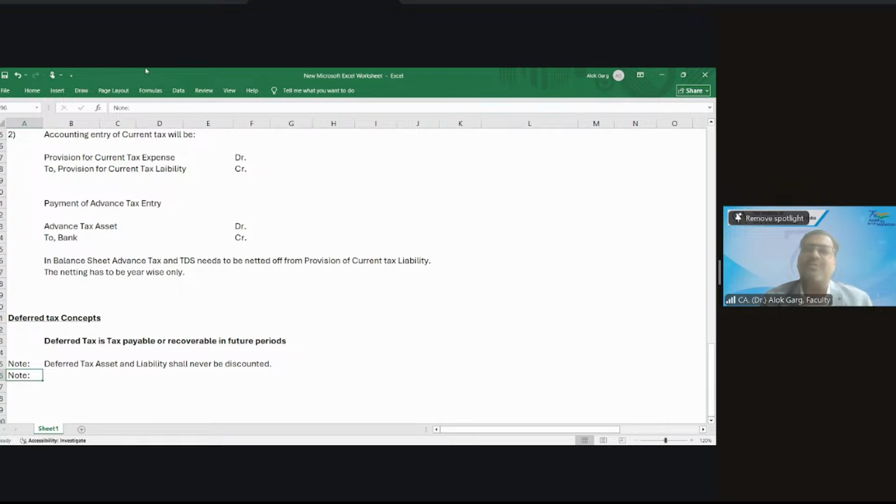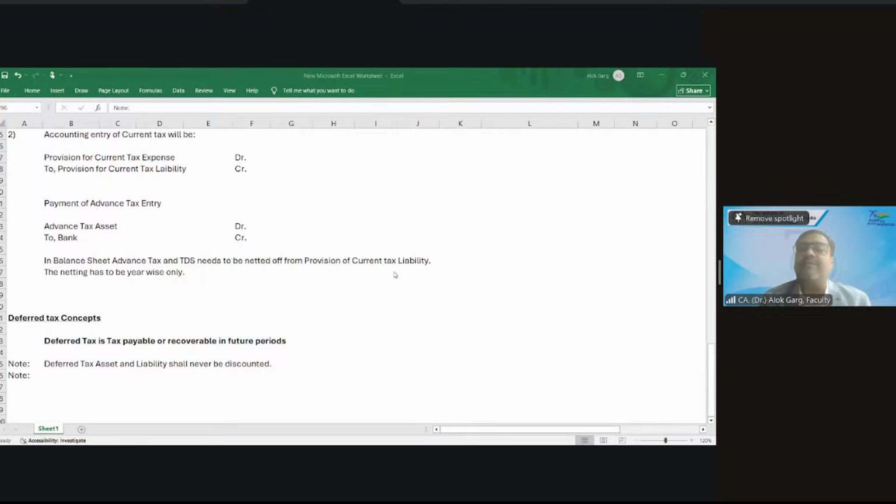Then I used to ask them, okay, so tell me one thing. For example, the company has created a deferred tax asset or deferred tax liability, whatever. Let's say deferred tax asset. On the reporting date, 31st March, the balance sheet is going to be finalized for an unlisted entity.